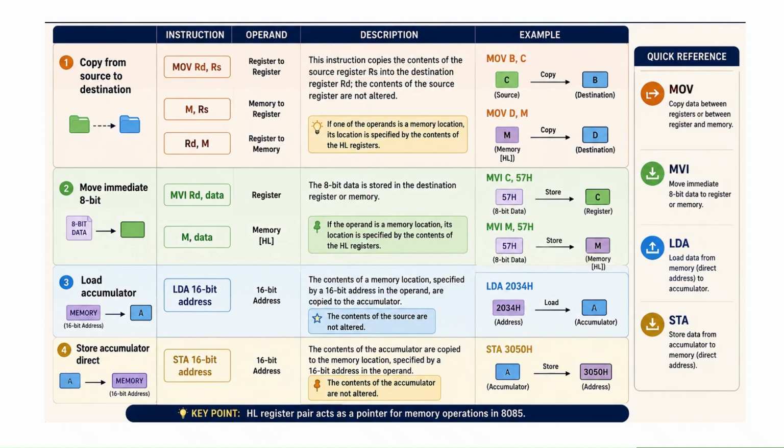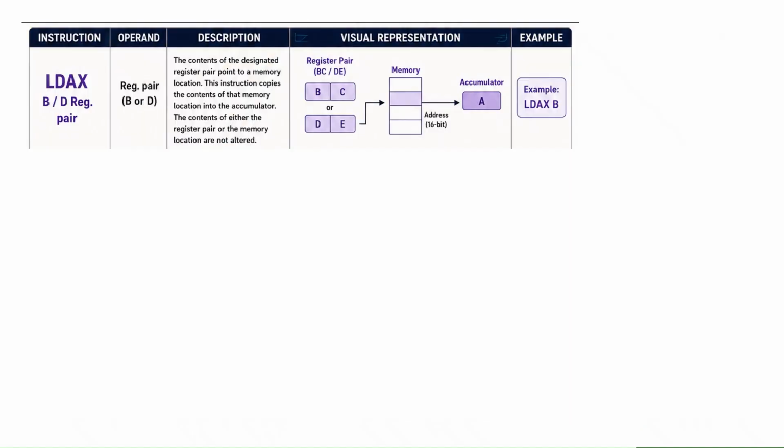Up next, we have LDAX. Remember, if an instruction has the letter X, it indicates a register pair. Let's see through this example, LDAX B. It means the actual register pair is BC.